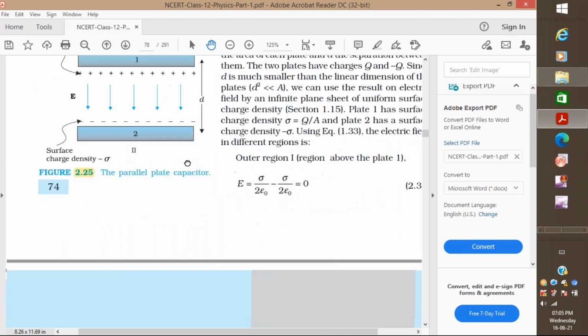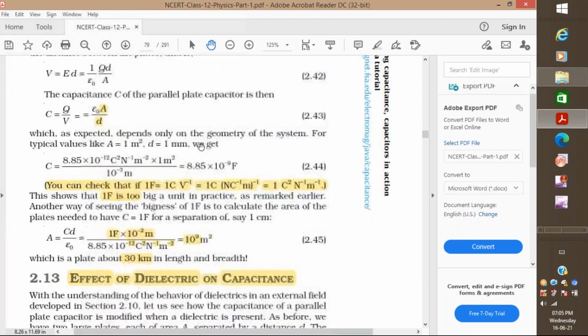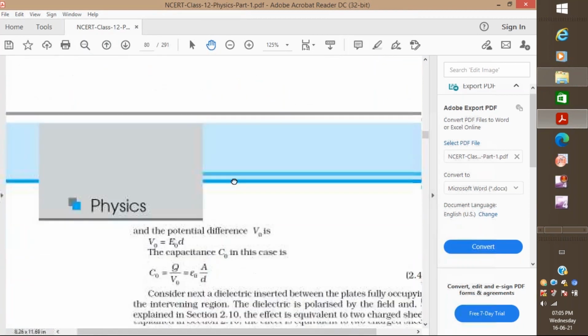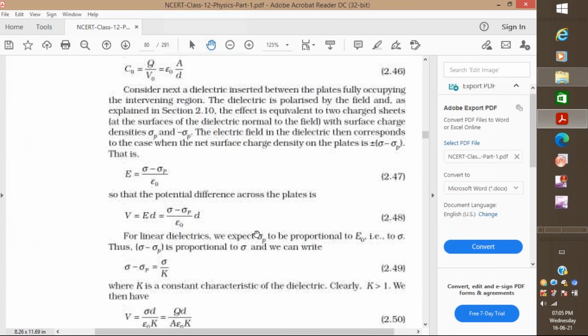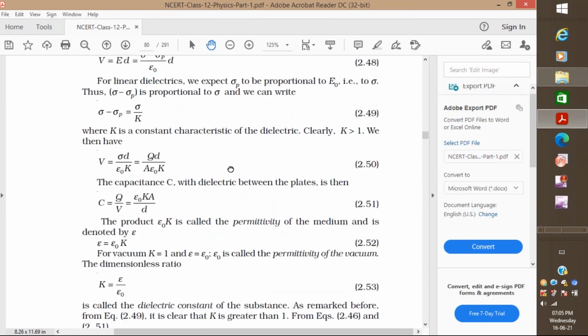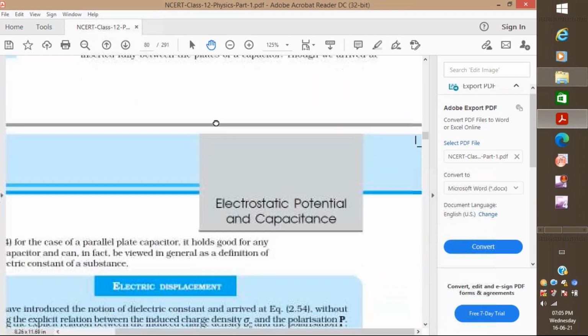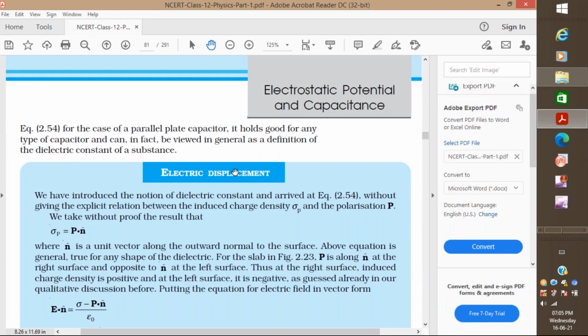We'll derive that equation next day, and on Sunday we'll solve some numerical problems on the parallel plate capacitor.